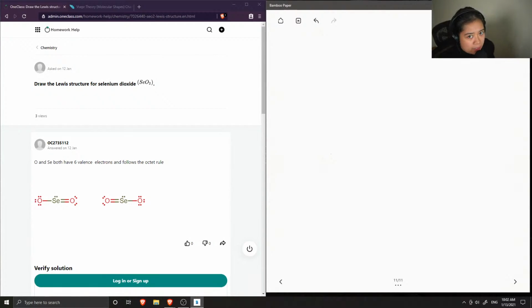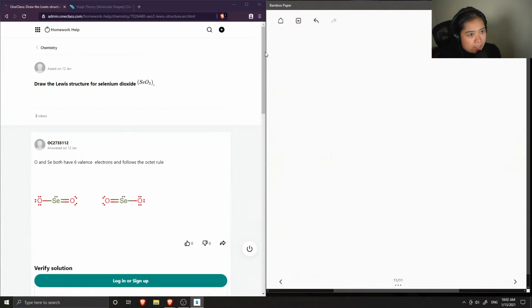Okay, so question 1 is to draw the Lewis structure of selenium dioxide. When we want to find the Lewis structure, first we need to calculate the total number of valence electrons in this molecule.